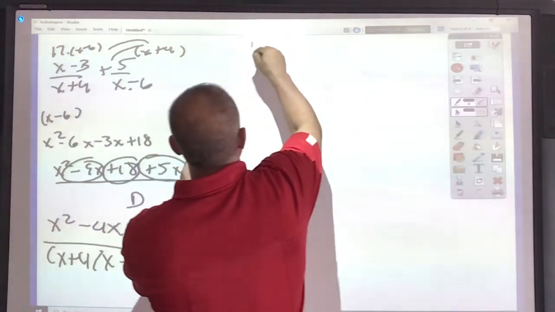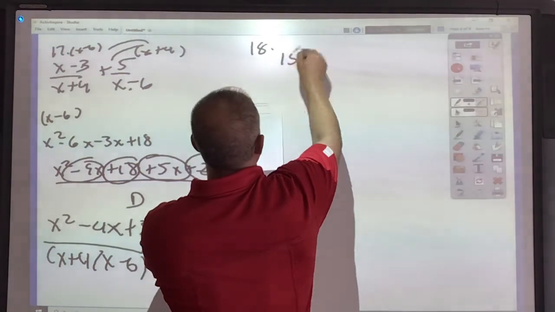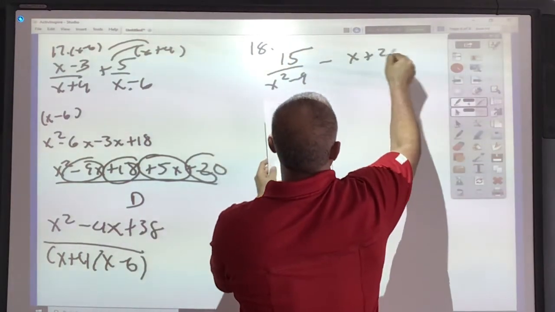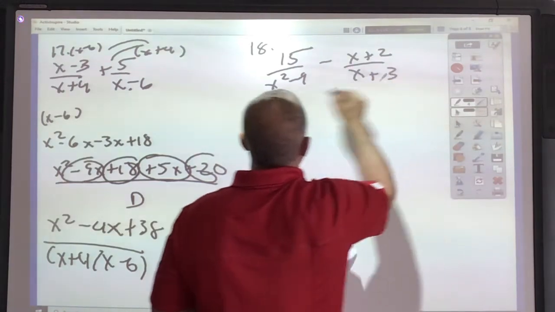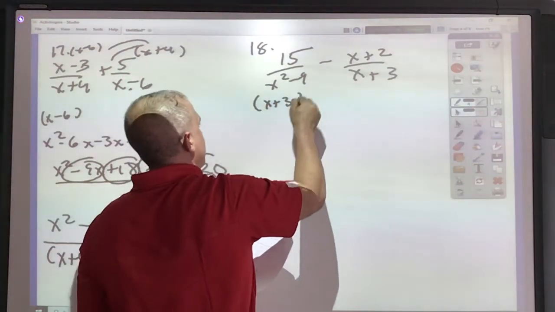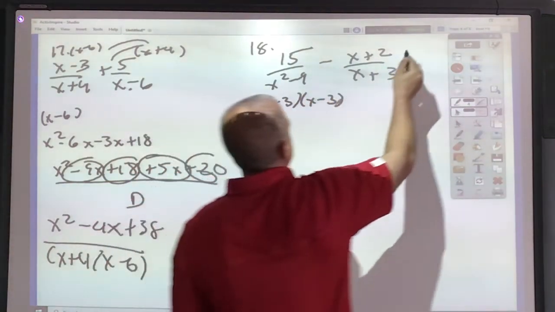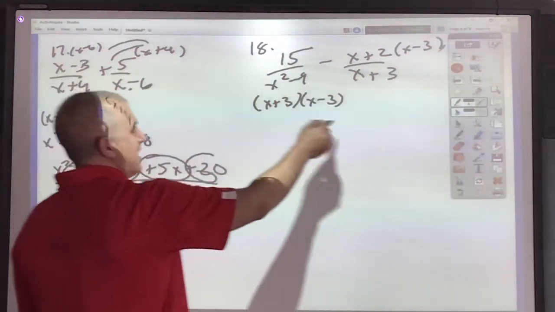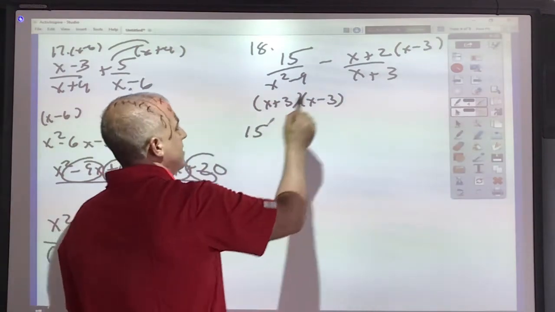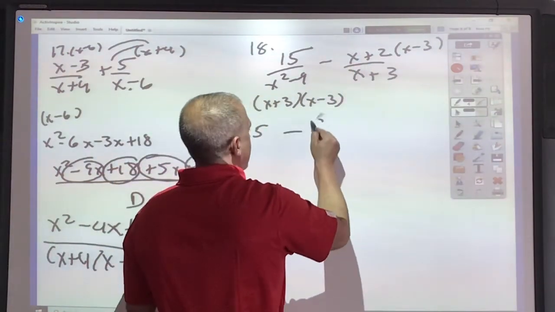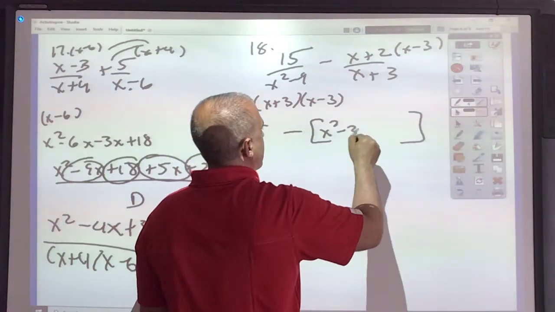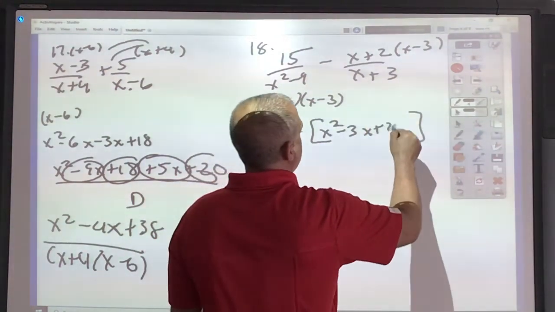This one, 18. I got 15 over x squared minus 9. This is going to be x plus 3, x minus 3. So I'm going to have to distribute an x minus 3 over here. This I don't have to do anything with, I'll have the 15. So if I distribute that, and I have that negative out here, that's going to be x squared minus 3x plus 2x minus 6.